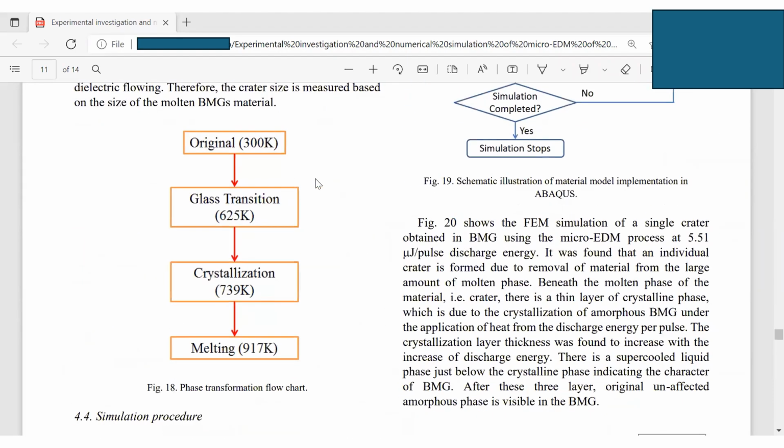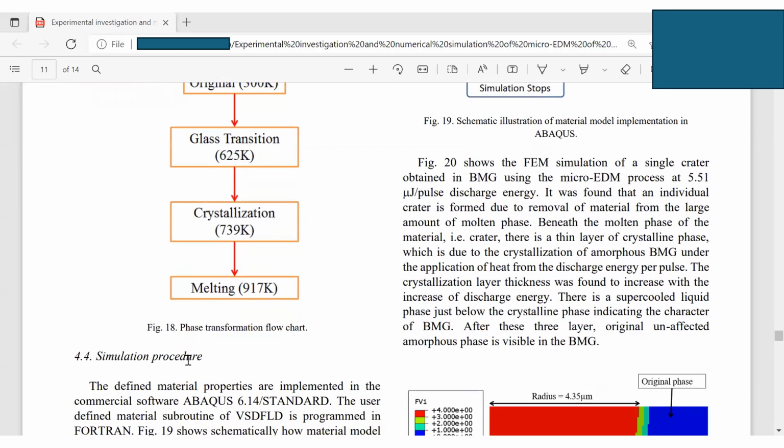And so here is the phase transformation flow chart. Original is 300 K. This is the room temperature, and the glass transition occurs at 625 Kelvin, and crystallization occurs at 739 K, and the BMG melts at 917 Kelvin.